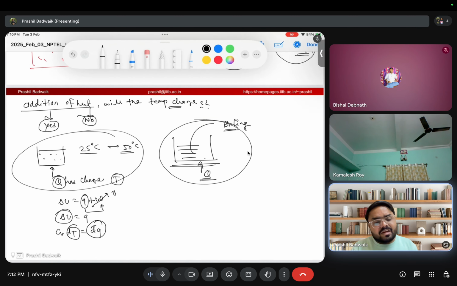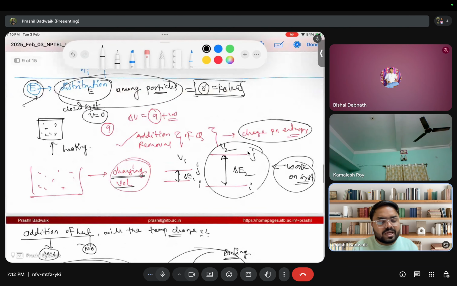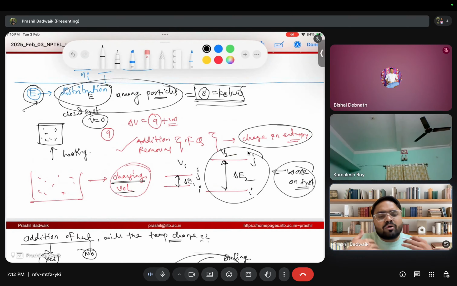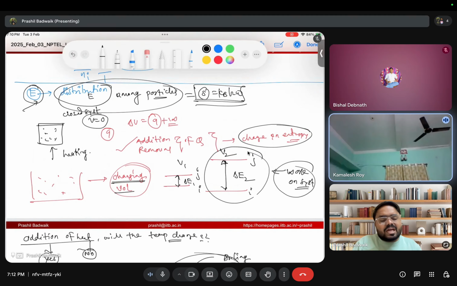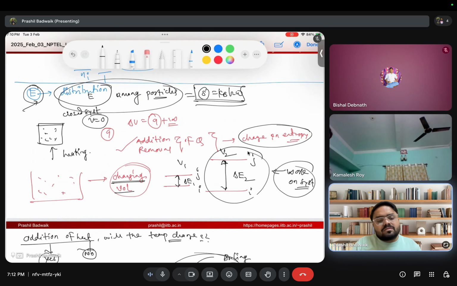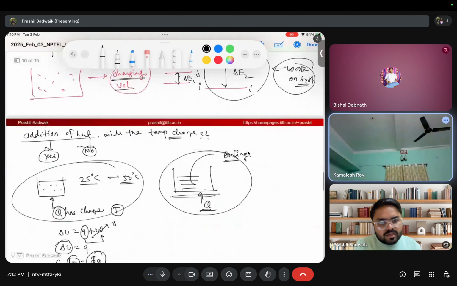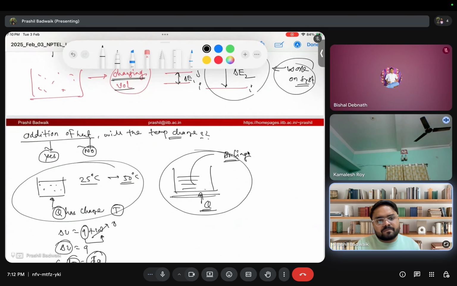So whenever I'm adding heat into the system, as I say in the micro scale that we are basically studying, it will change the distribution of energy because I'm giving more energy to the system. That means I have more number of ways in which I can distribute the energy. Here what I'm doing is changing the entropy of the system.